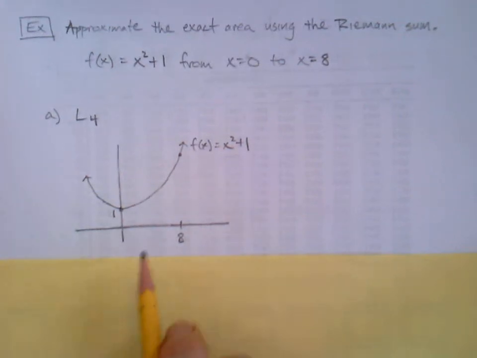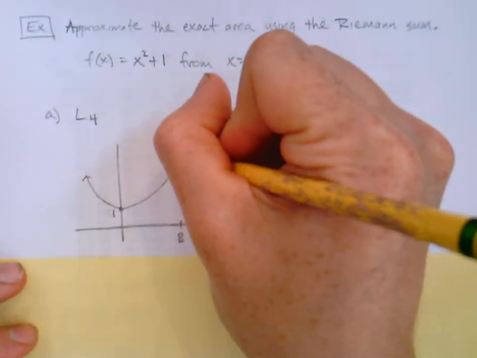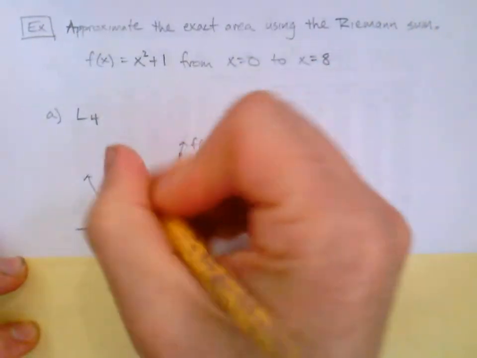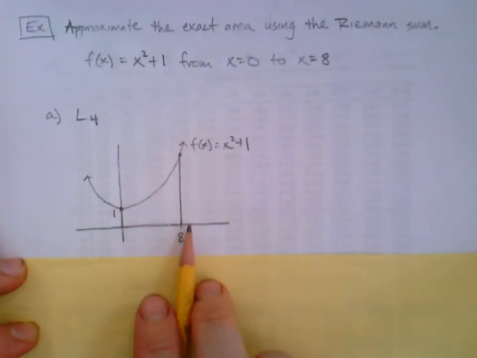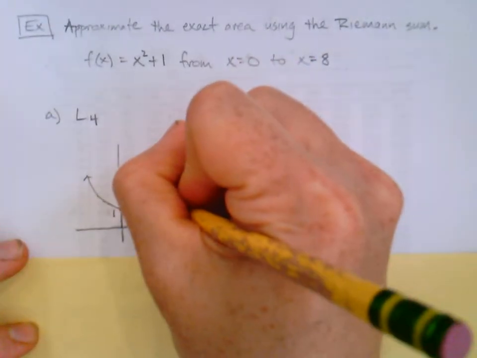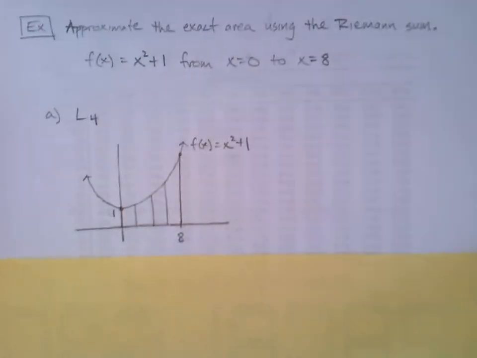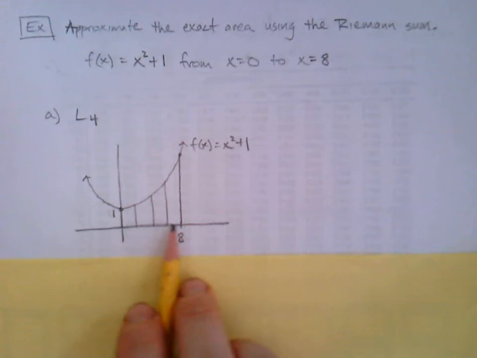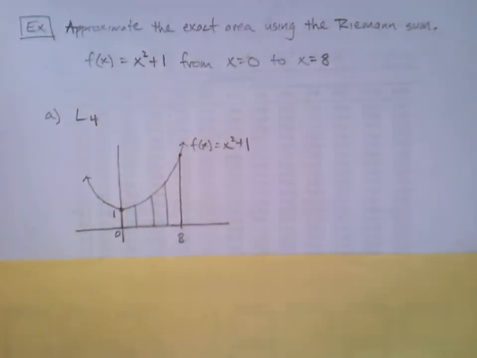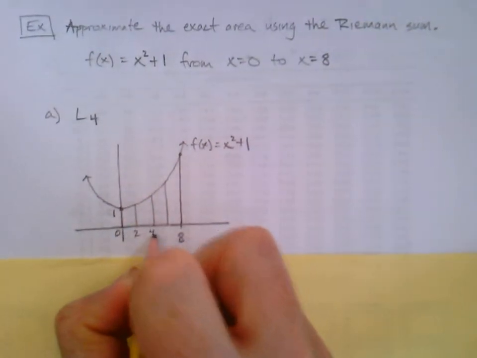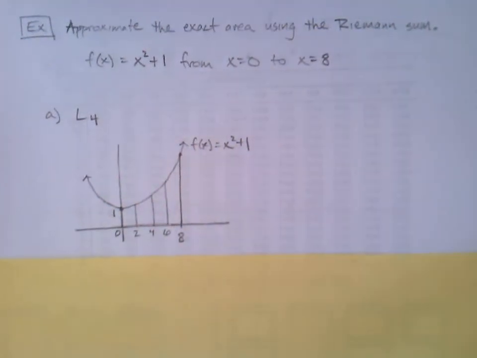Okay, and then I'm just going to go ahead and draw those rectangles. So I'm going to draw, you know, this line here at 8, and my other line is at 0, and it's in 4, so I'll divide in half and then divide each of those in half. And then I'm going to indicate where all of these occur. So this one's at 0, and then at 2, 4, 6, and 8.